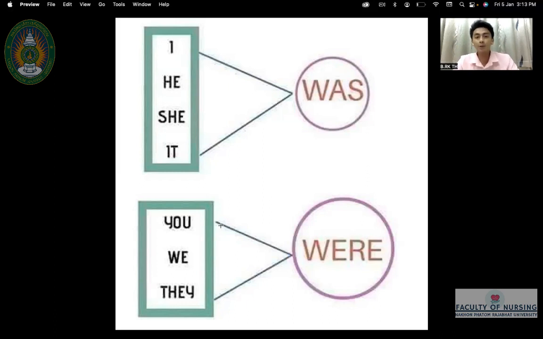So for example, he was doing his homework. You were doing your homework. So this is the past of something that you do. We were doing our homework. So the sentence is doing the homework. He is only one. That's why you use the word was.